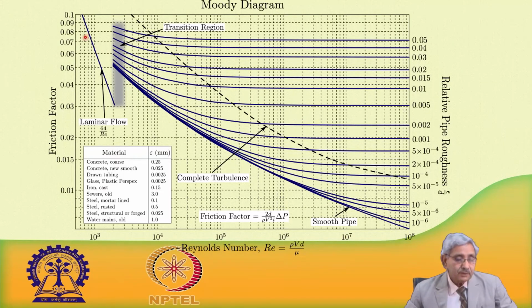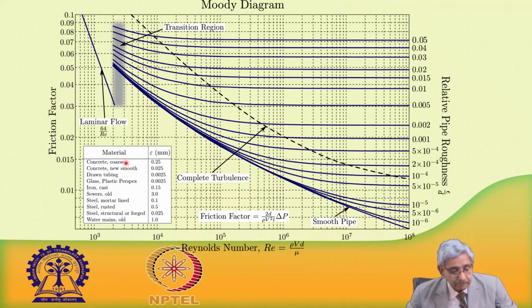So, you can see for the laminar flow range, the value of f is in this range, whereas in case of the turbulent flow range, this particular part of the diagram will be used, and for the transitional flow range this type of part will be used.